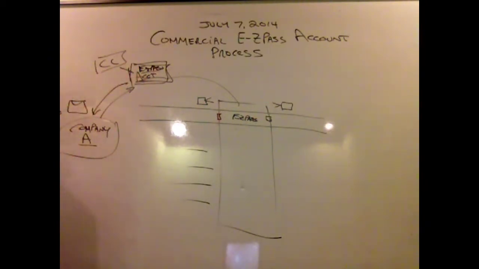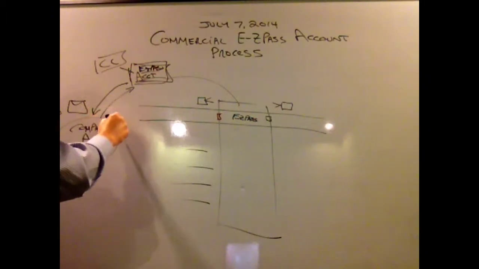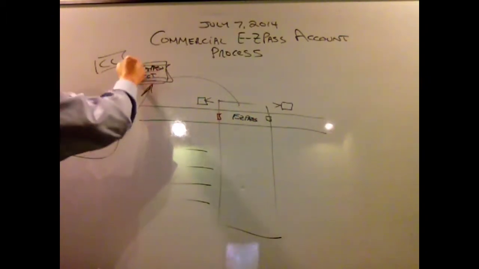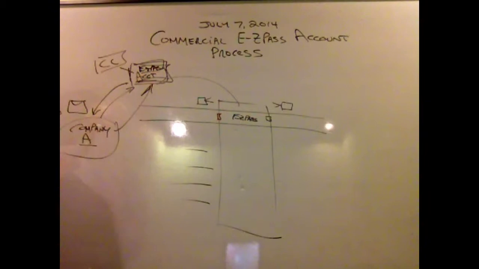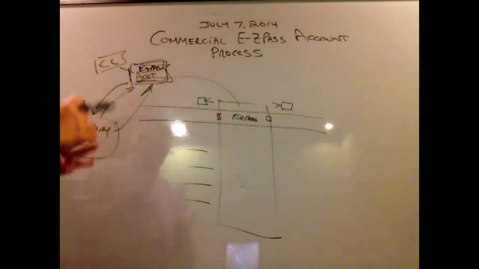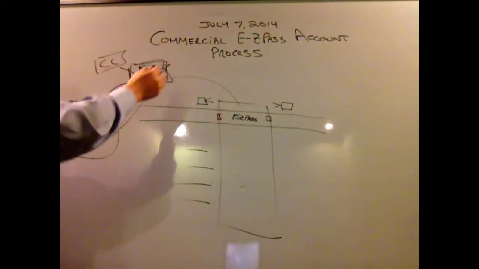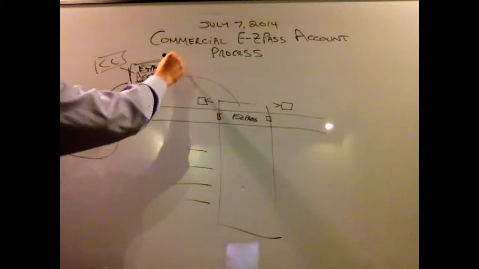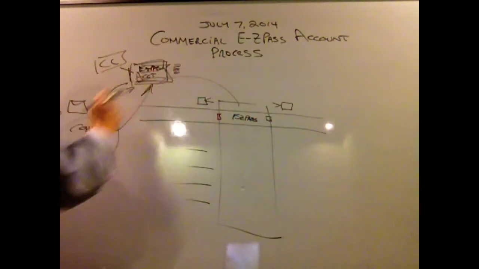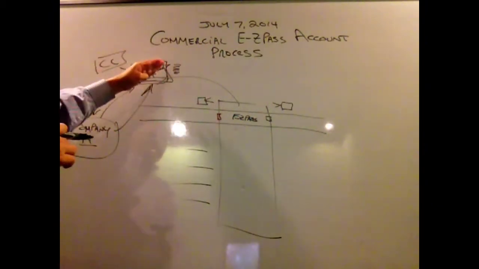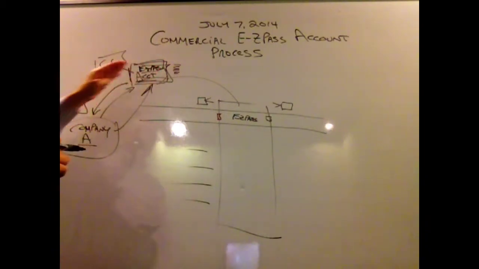So that's step one. Step two is they could then upload into that online account all of their truck information. And E-ZPass allows you to do that. You can download a form, and you can upload those forms into your account. So you might have 5, 10, 15, 20, 25 trucks, but all of those trucks are detailed out by license number. So that's important, which we'll cover in just a second.